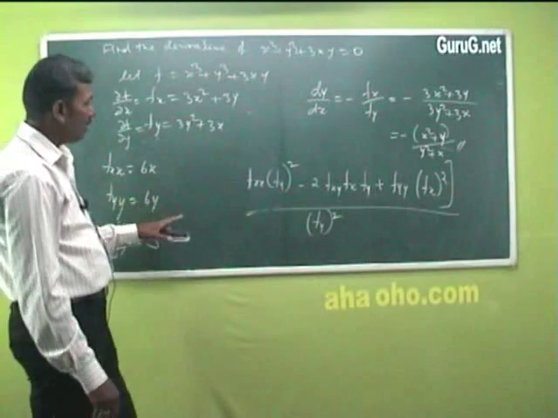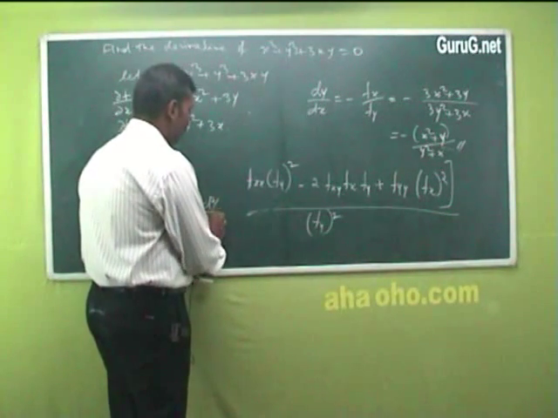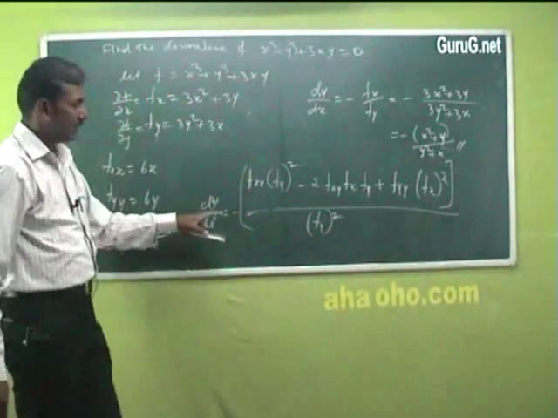You substitute these values in d squared y by dx squared equal to minus of, and you get the second order derivative.